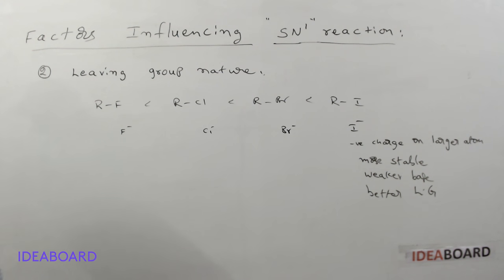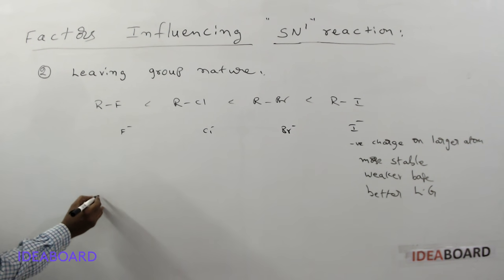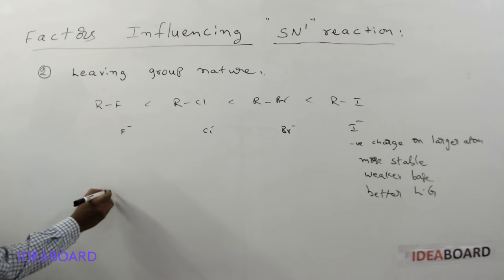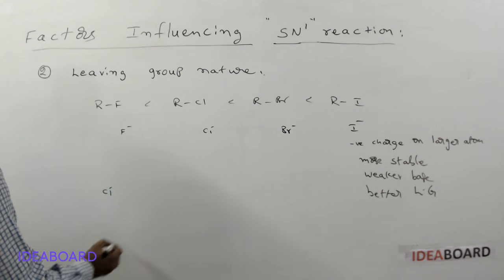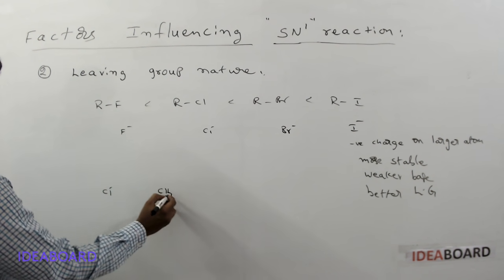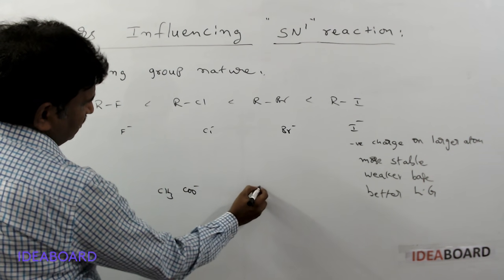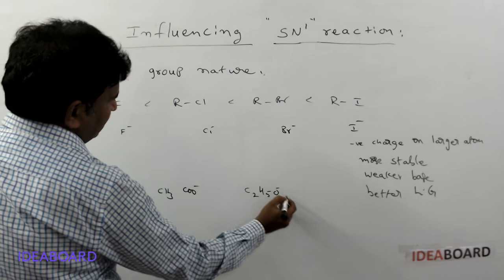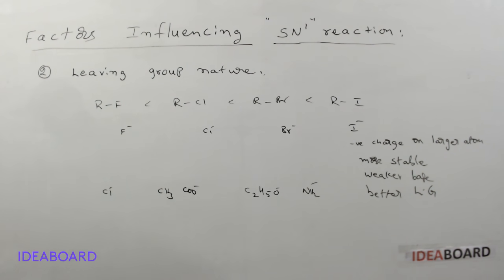Taking another example, suppose you have Cl minus, CH3COO minus, C2H5O minus, and NH2 minus. Now tell me the order of leaving group ability for these.